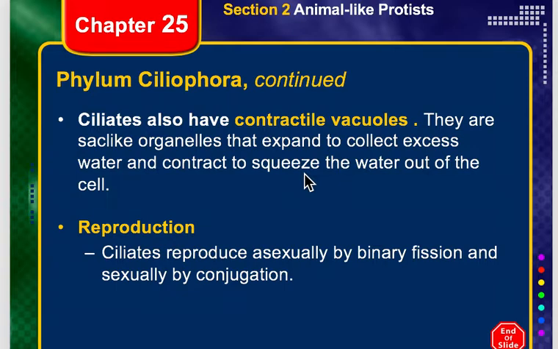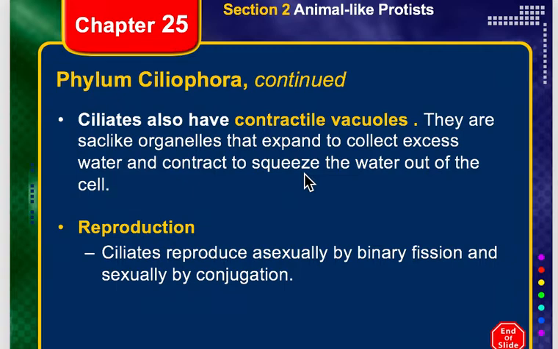So when too much water comes in, these contractile vacuoles contract, the water is expelled out, and then more water can come in again. Now, as far as their reproduction, we did talk about how they can either be asexual or sexual reproducers. Ciliates are actually both. And I know this sounds kind of crazy, but if it's asexual reproduction, it's binary fission.